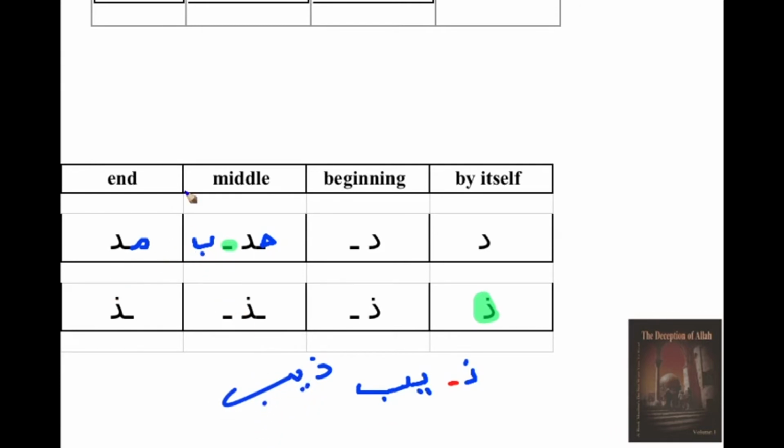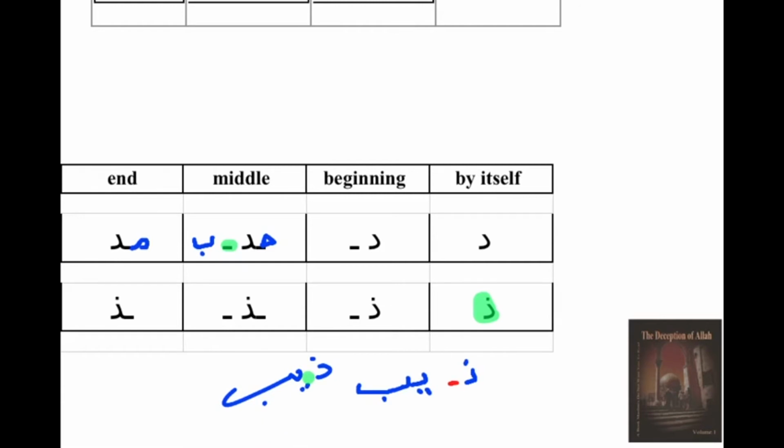Dheeb. Dheeb means wolf. So as you see here, we left a space in this area and we do not connect. Very simple. But remember how to pronounce the letter Dha.